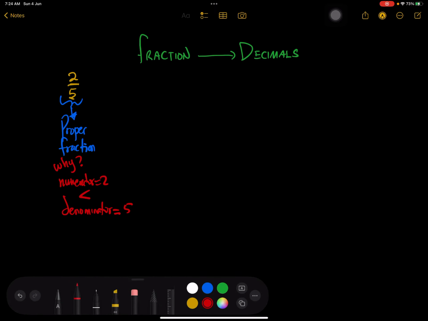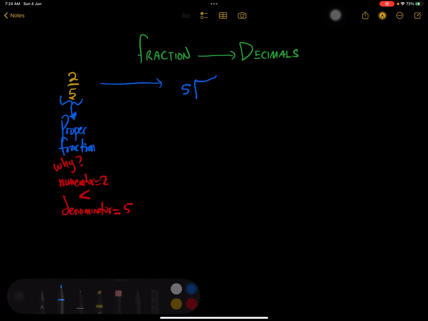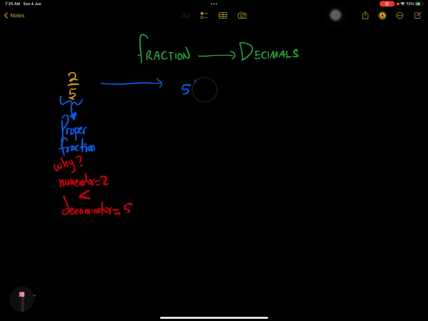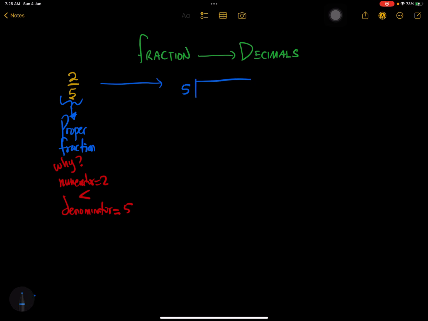However, we want to see how we can convert 2 divided by 5 into a decimal. The first thing we're going to do is to have the denominator outside and the numerator on the inside of the long division.